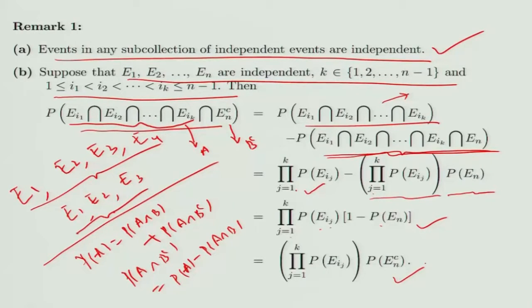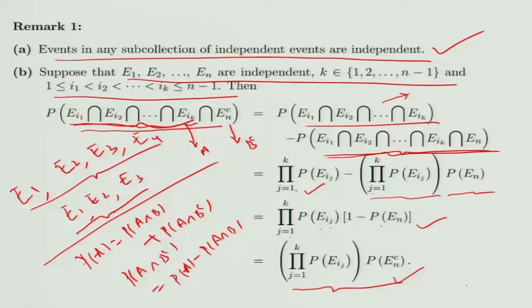So what I saw is, if E1, E2, En are independent, and I consider the probability of joint occurrence of some of them and make one of them a complement, I still get the product of probabilities. I can make it two by induction now. Still I will get the probability of joint occurrence as the product of probabilities.